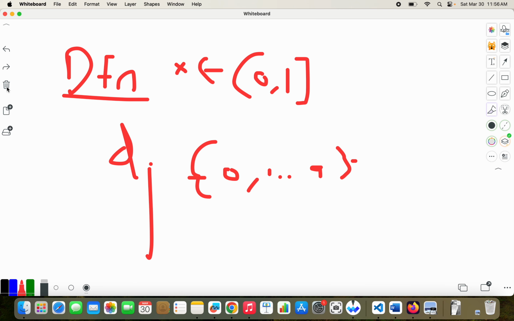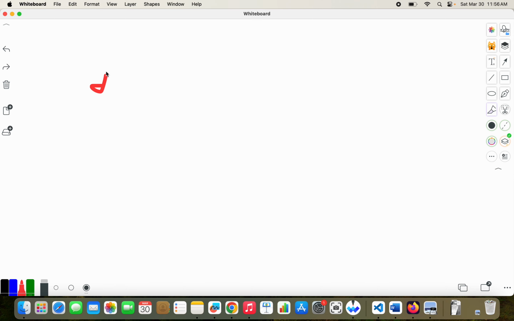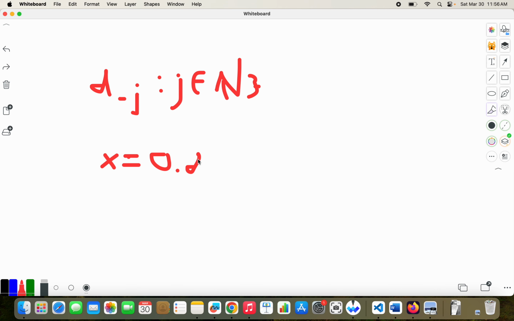We say x is represented by the digits d_j, where j is in the naturals, or in this situation, since it's 0 to 1, it's represented by these digits.